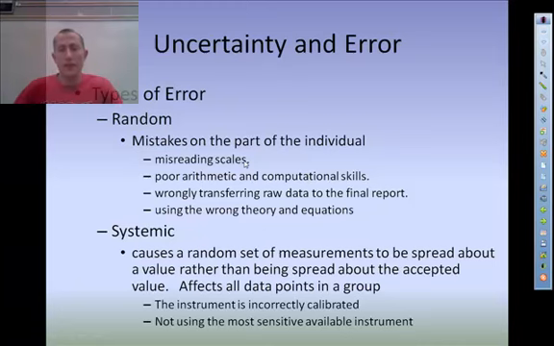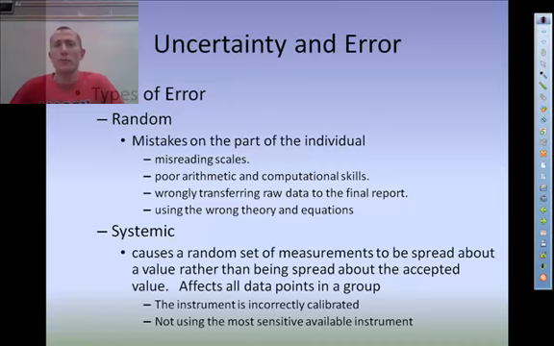Systemic errors, on the other hand, are ones that cause the same error on a number of data points through an entire system. So if you don't tare your electronic balance before making your mass measurements, it could be off by 1/10 of a gram, 5/10 of a gram.